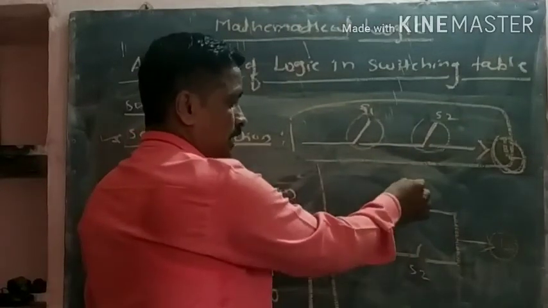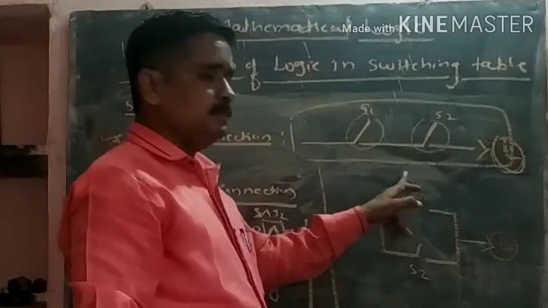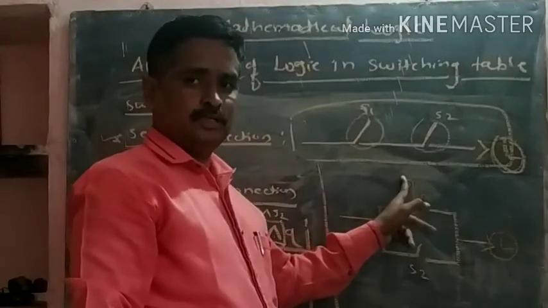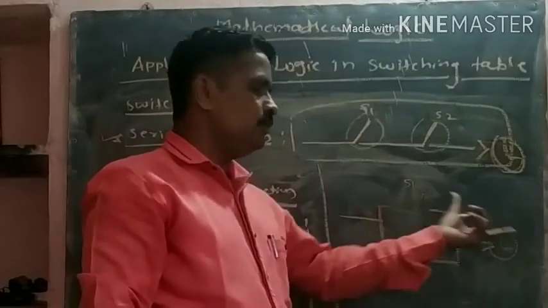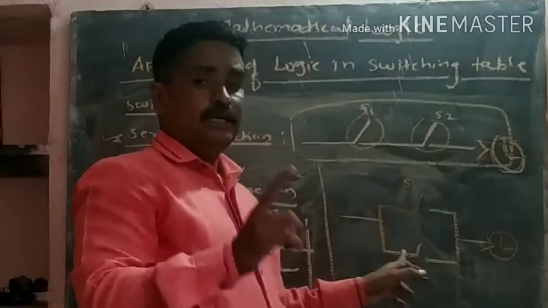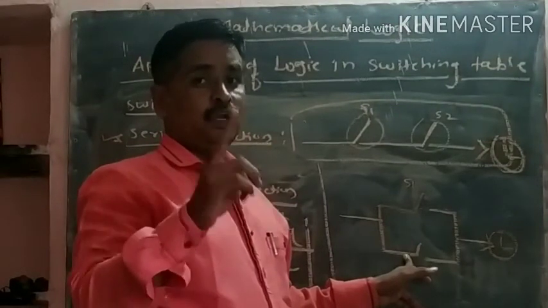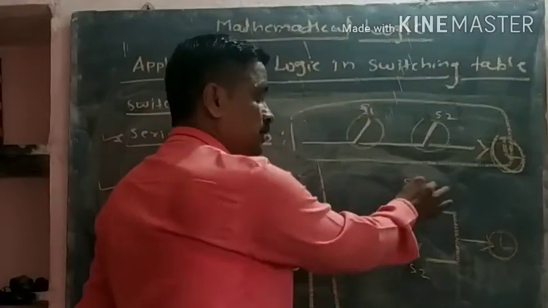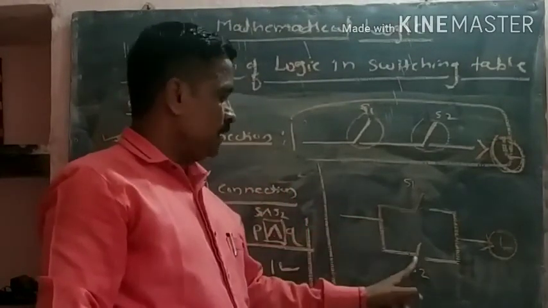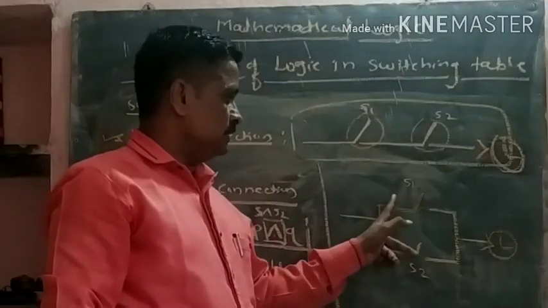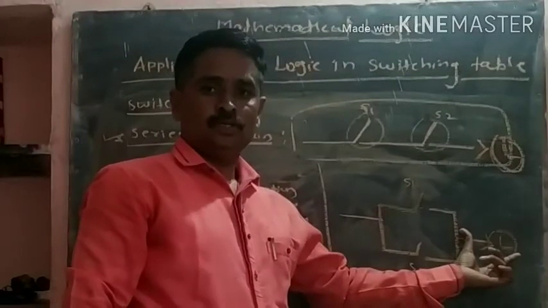So in the third case, when one of them is closed and one is open, current will flow. There is only one possibility where current will not flow: if both switches are open. That means S1 is open and S2 is open, then current does not flow, that means the light does not glow.